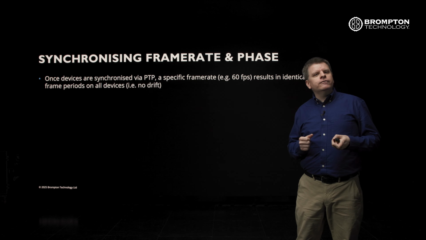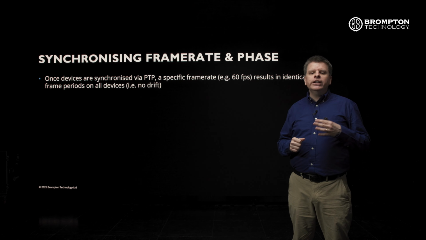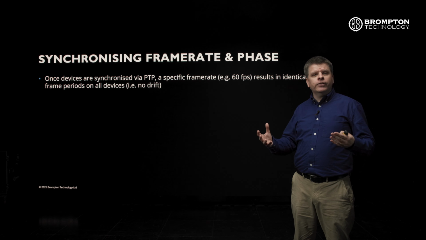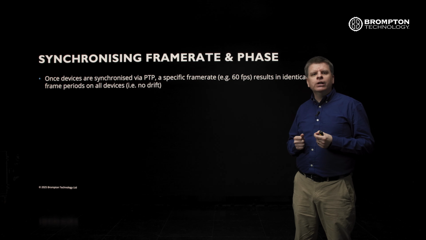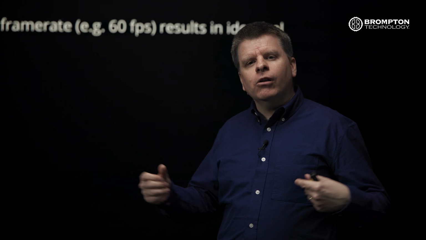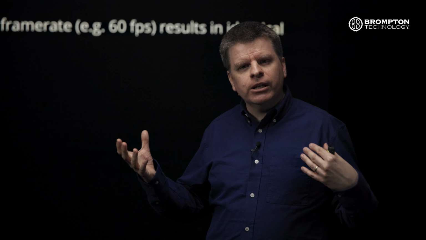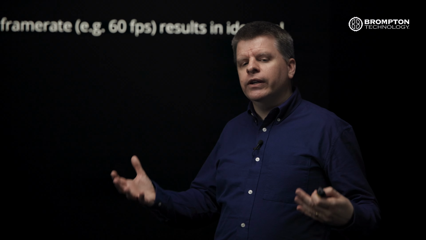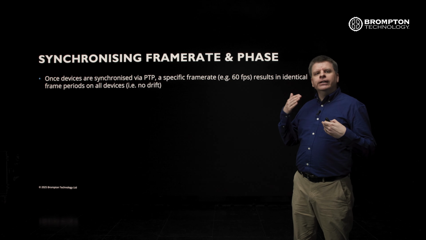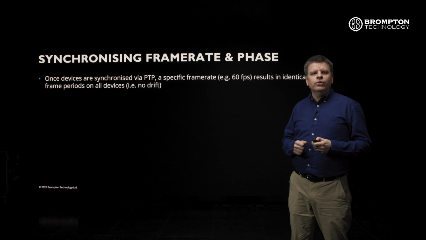And if we're agreeing how fast time is advancing, then provided both sender and receiver know what frame rate we are wanting to achieve, 60 frames per second, for example, well, now, because the clocks are synchronized, they both have the same concept of what a 60th of a second is. So great. We are now in agreement in terms of how quickly we should move from one frame onto the next.